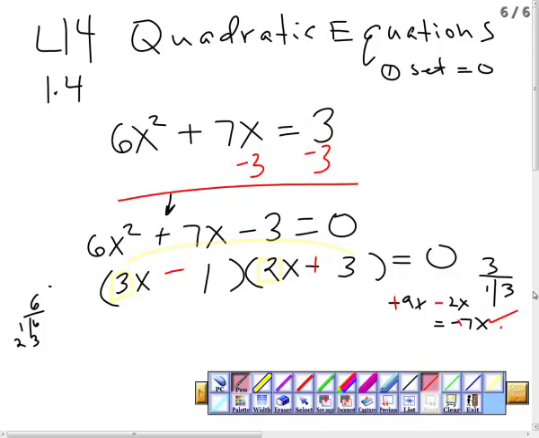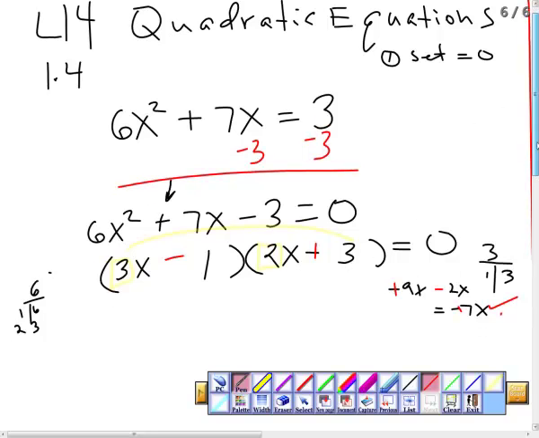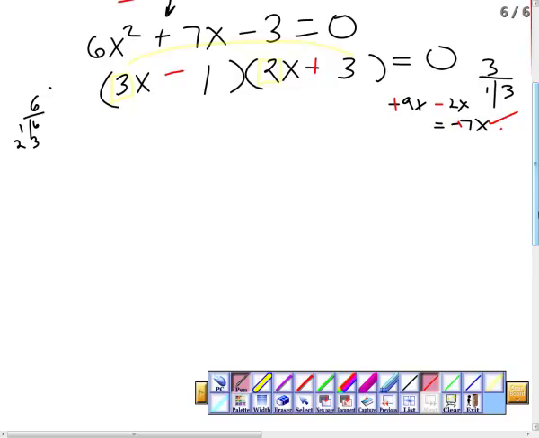Okay, now we can proceed from here, right? Now what do we do? From here, this is where the zero factor property comes in. We set 3x minus 1 equals 0, and 2x plus 3 equals 0.